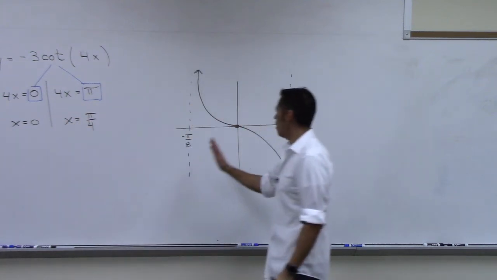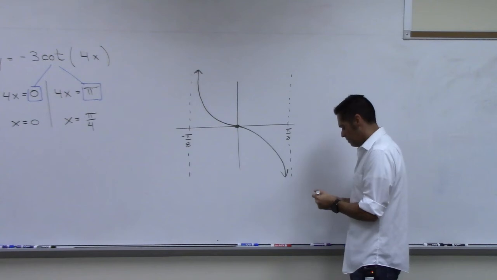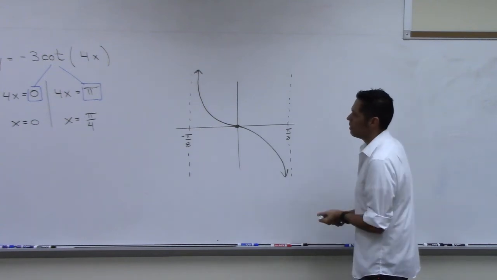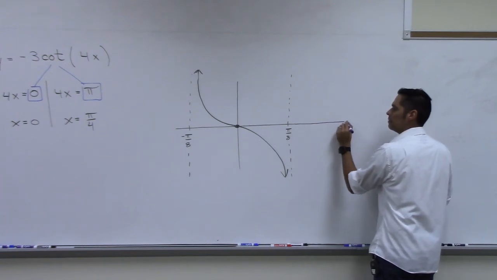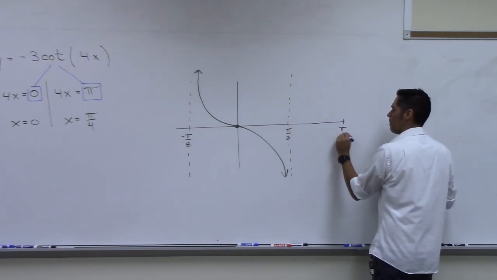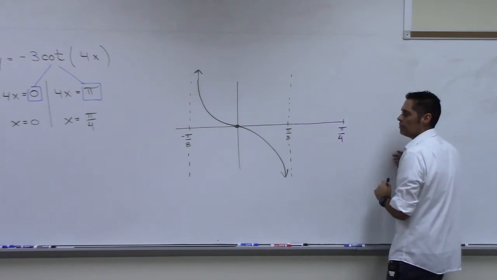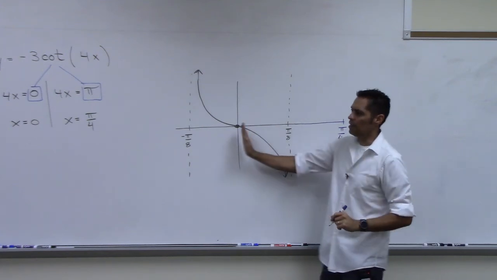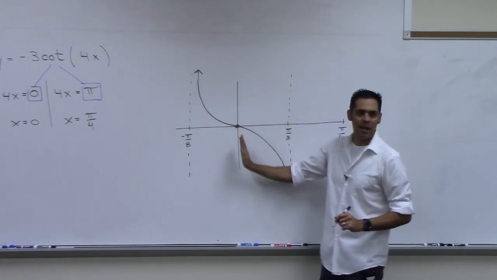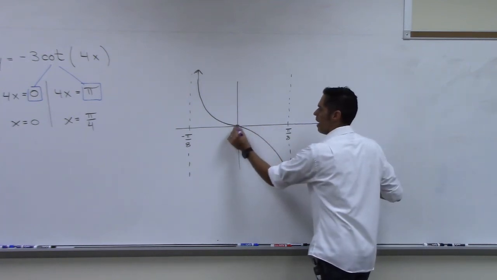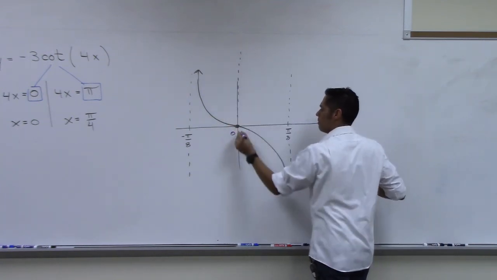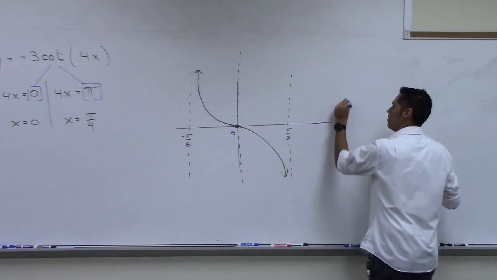And when I plot those, that's going to be different than this, right? Pi over 4 is actually out here. And 0 is here. And we would have what happening at pi over 4 and at 0? Asymptotes. It's negative, so it will be flipped.